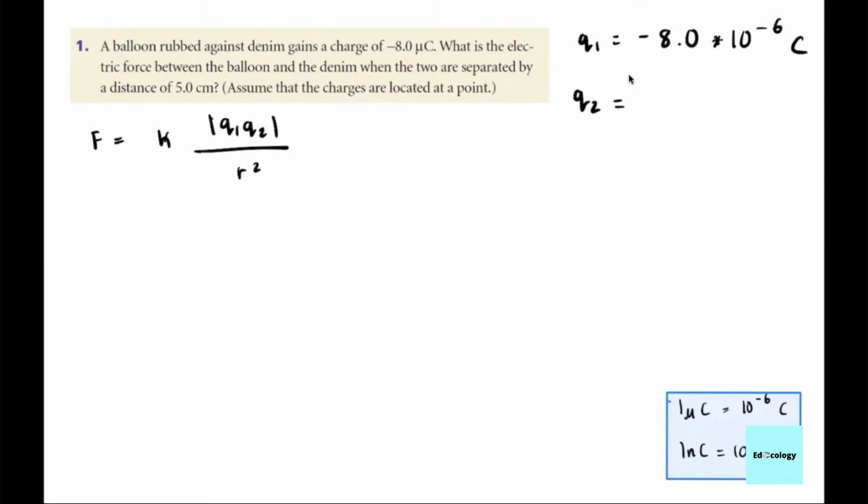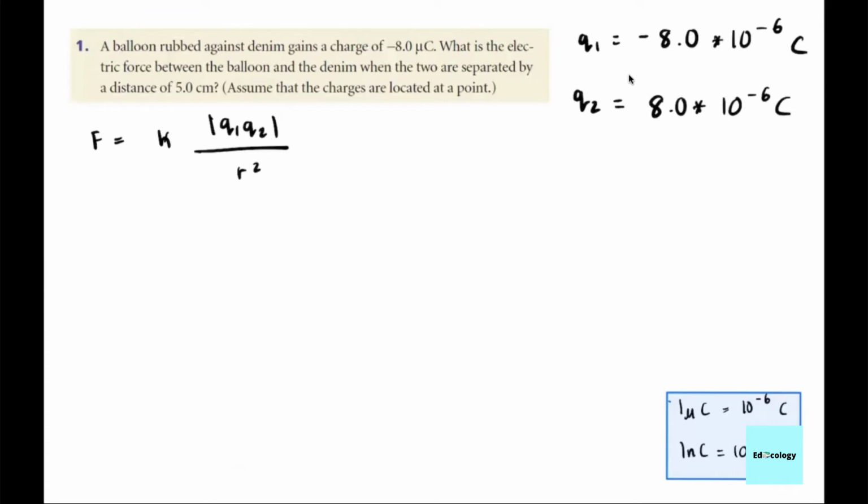Okay, so here, since the charge of Q1 is -8.0 times 10 to the power of -6, since the charge of the balloon is that, that means that the denim lost this amount of electrons, so the denim has this amount of protons more than electrons. Okay, so here the charge would be 8 times 10 to the power of -6 coulombs.